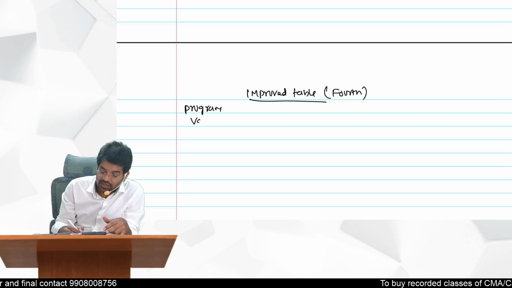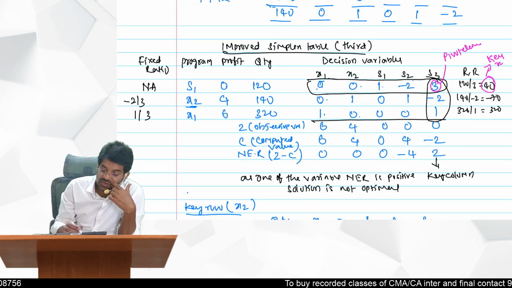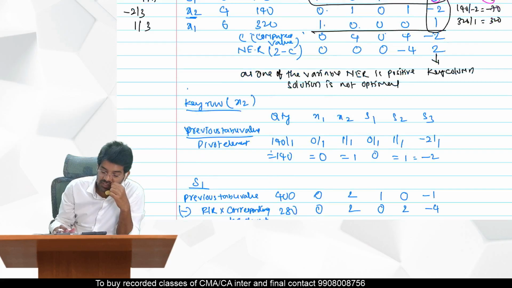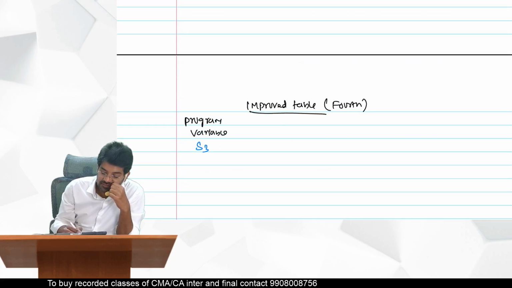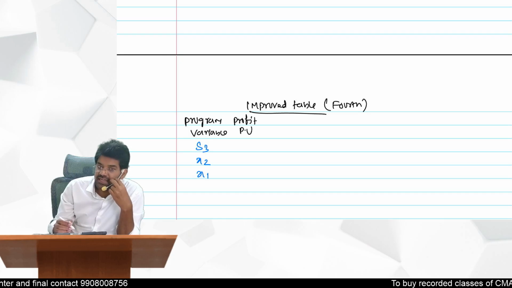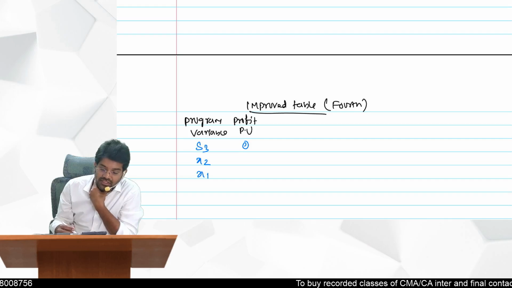Now for the program variable, which one do we have to replace? S1 we have to replace with S3. So S3, the remaining will be the same: x2, x1. What is the profit per unit in the objective function for those variables? S3, obviously a slack variable, will have 0. Then x2 is the same, 4, and x1 is 6 in the objective function.